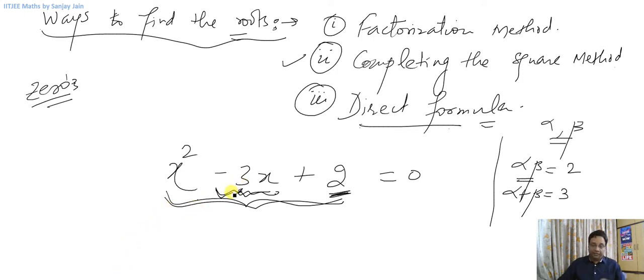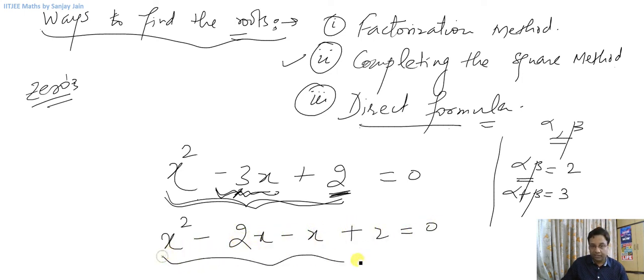Okay, let me rephrase it. Let us say if I split the middle term like this, x square minus 2x minus x plus 2 equal to 0. This equation and this equation both are same equations, right? Now why have I split this term in this form?